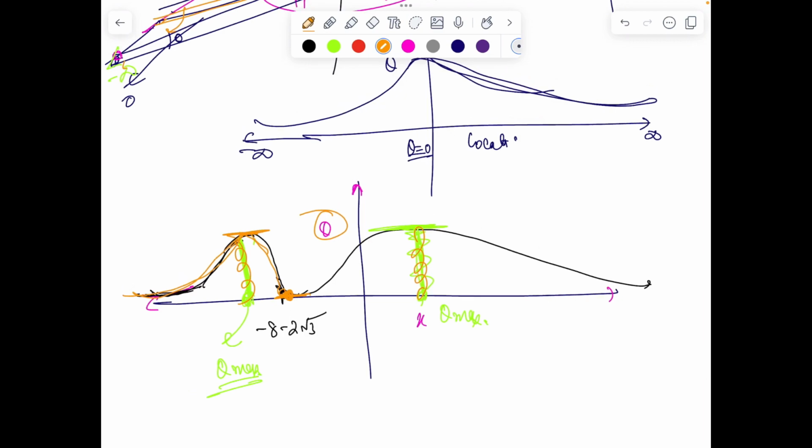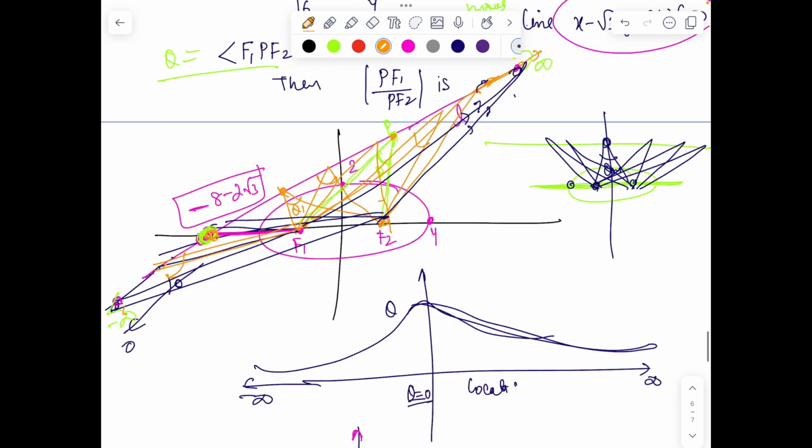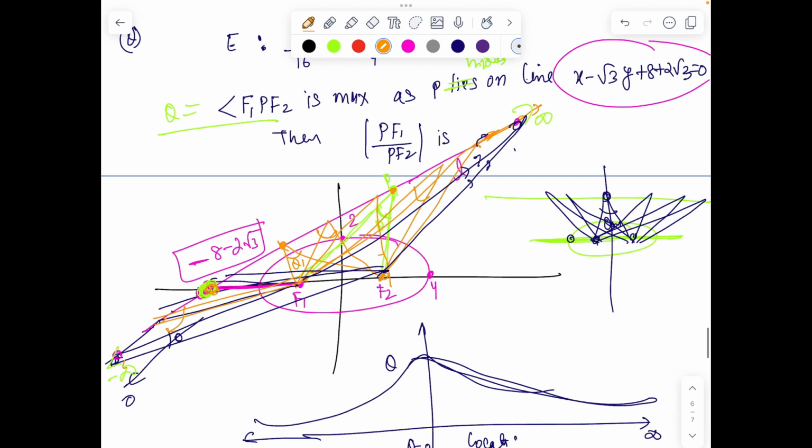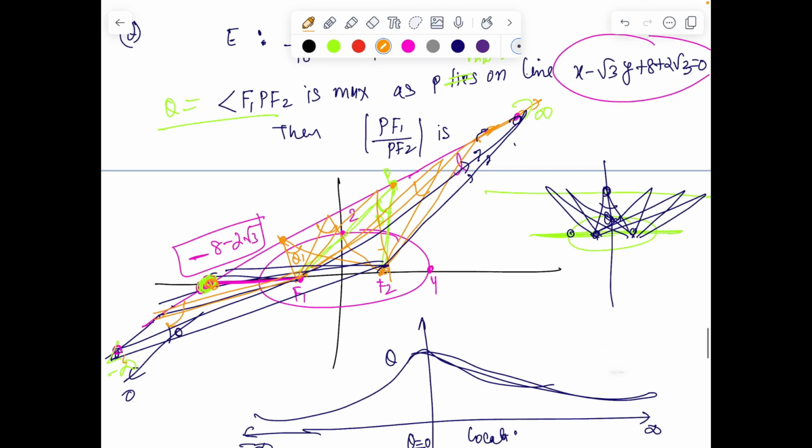Now of course you can say I have to calculate the ratio of this quantity pf1 by pf2 for both of these locations, right? So what I'm going to do is calculate for these locations and you can repeat the same thing. It might happen that for both these locations, although pf1 and pf2 are changing, their ratio is intact. It might happen, I'm not saying it will be. So you can just calculate and check by yourself.